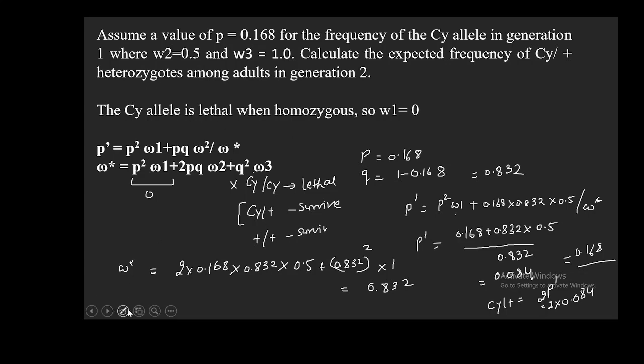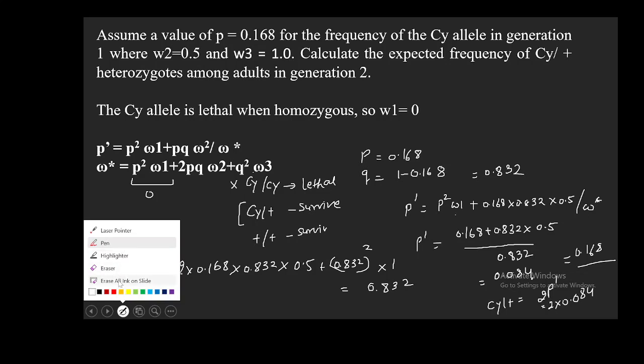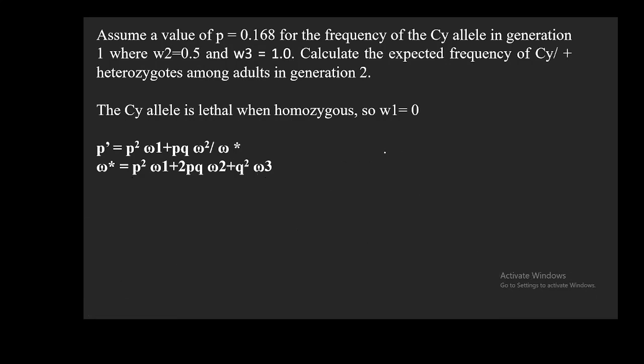What will happen if we say that this CY allele is not lethal? Then you will follow the exact protocol of the Hardy-Weinberg equilibrium, because in that case omega 1 is not going to be 0. So you need to calculate the frequency of CY/CY, CY/plus, and then plus/plus.